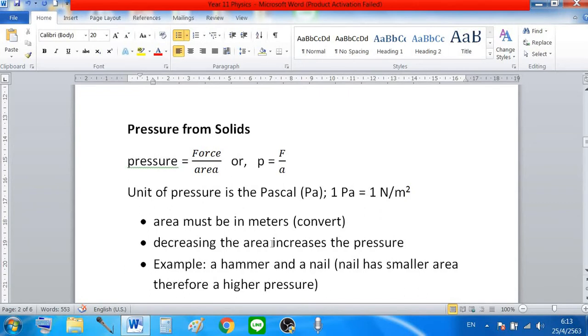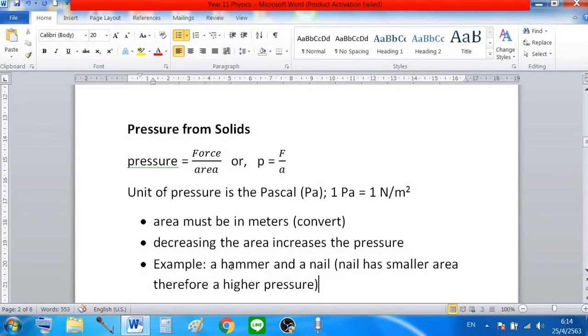Notice that decreasing the area increases the pressure. If I make this number smaller, that's going to make the pressure larger if the force is the same. So if I decrease the area in contact with the solid, the pressure is going to increase. For example, a hammer.